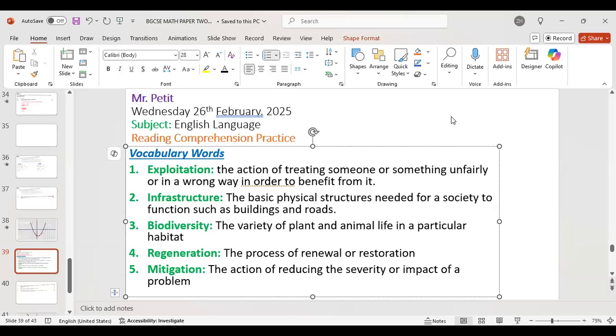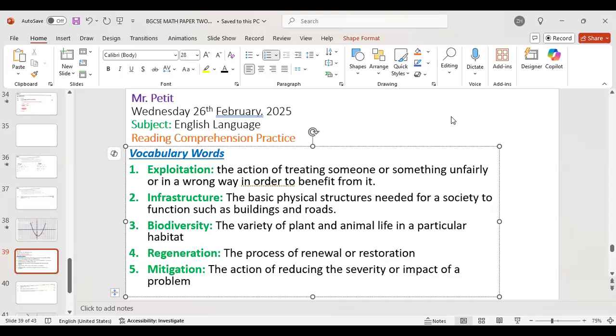Biodiversity: the variety of plant and animal life in a particular habitat. Regeneration: the process of renewal and restoration. Mitigation: the action of reducing the severity or impact of the problem.